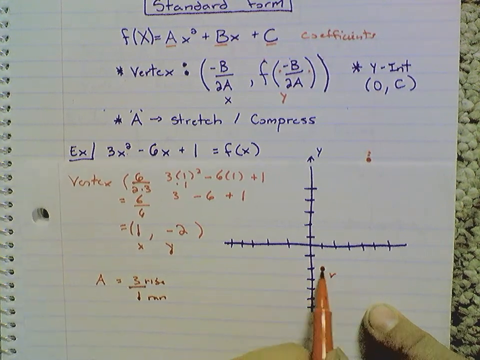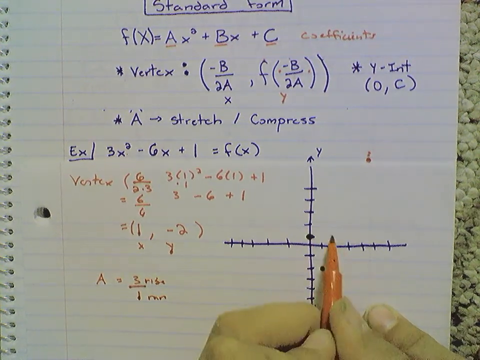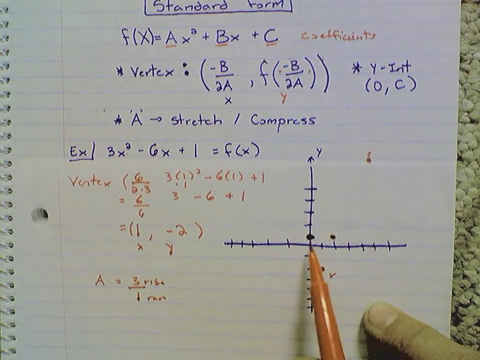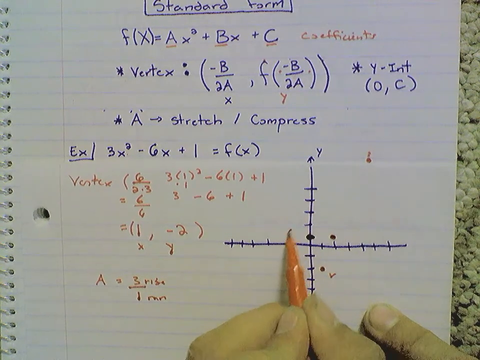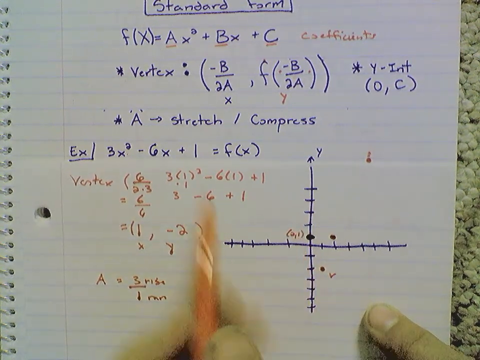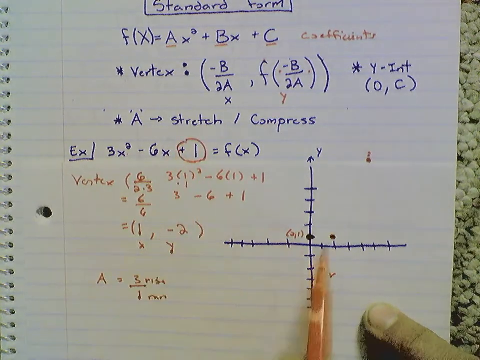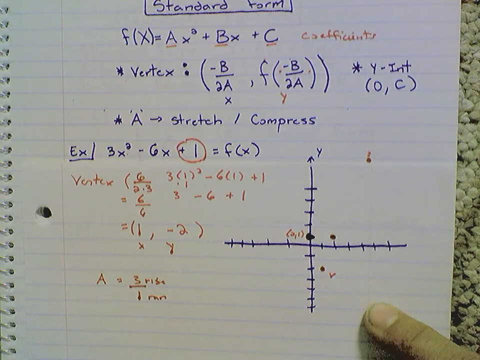So if I go over 1, I can go up 3, and then over 1, up 3. Now, if you look, we cross the y-axis at 0, 1. And if you look at the c on our function, it's positive 1. So as we can see, we hit the y-intercept at 1.